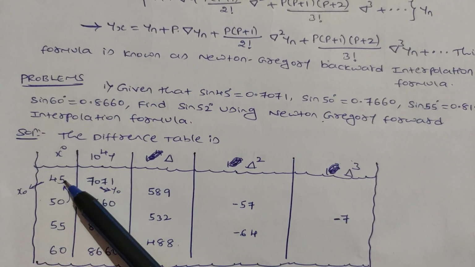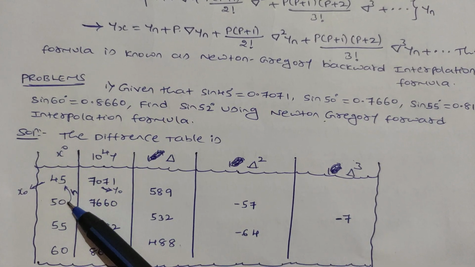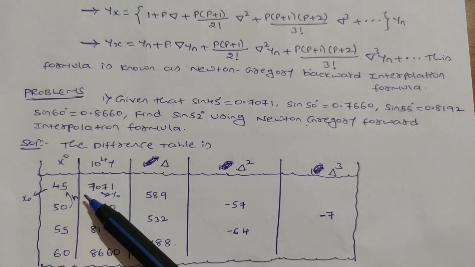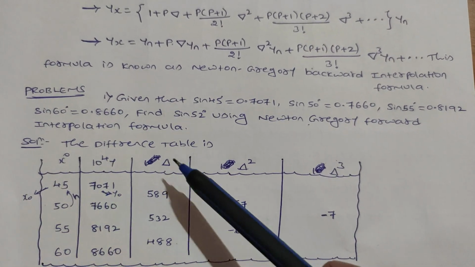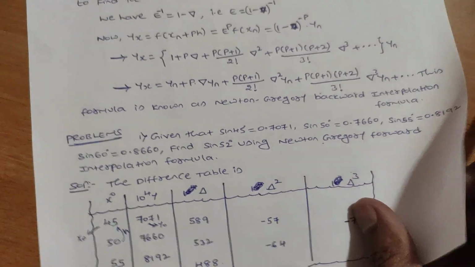So x naught is 45, y naught is 7071, h is 5. So we require to determine the value of p, and all the values need to be substituted in the forward difference formula. Let us see.